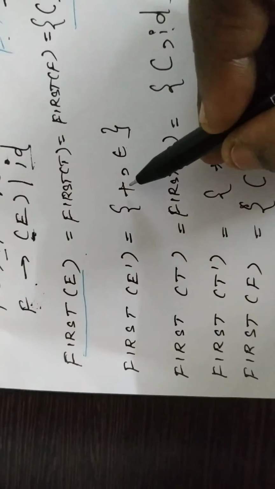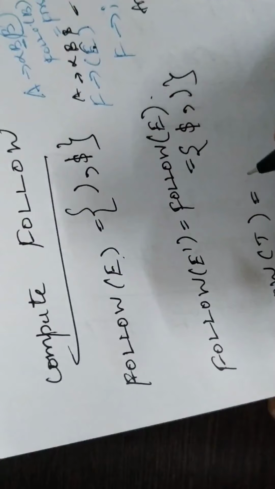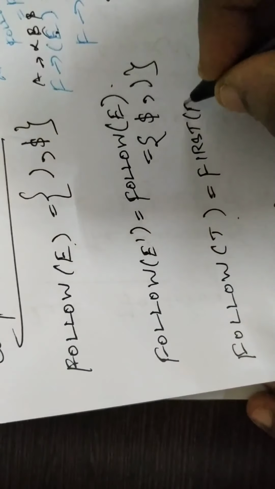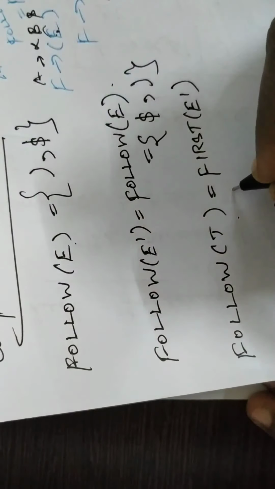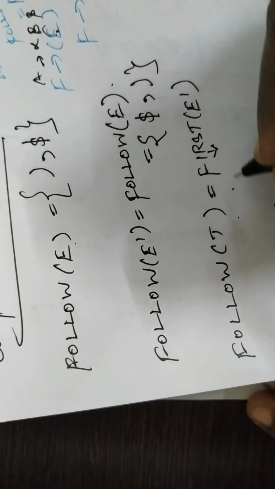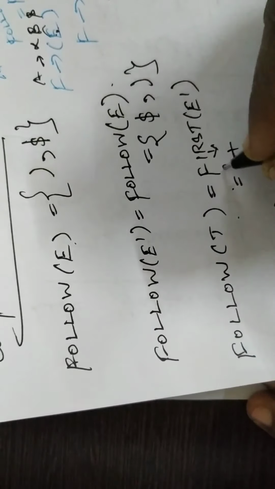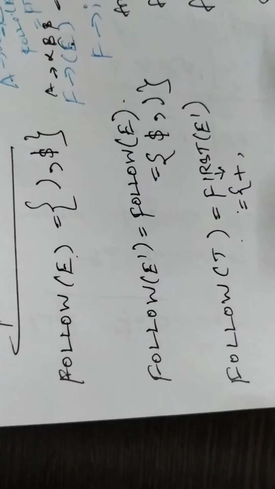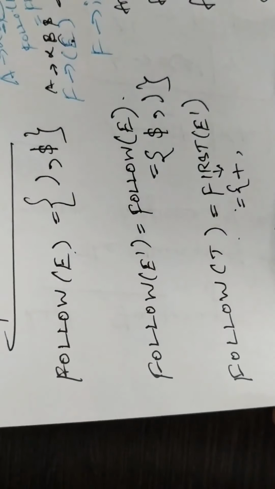So follow of T is first of E dash, which is plus as well as epsilon. But according to the rule, in follow there should not be any epsilon.